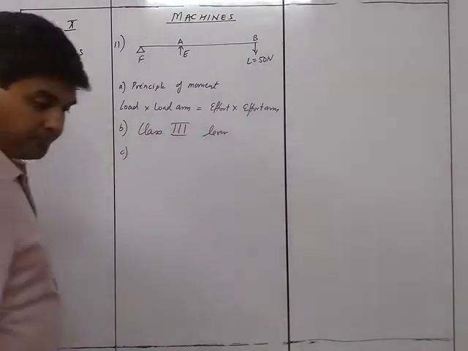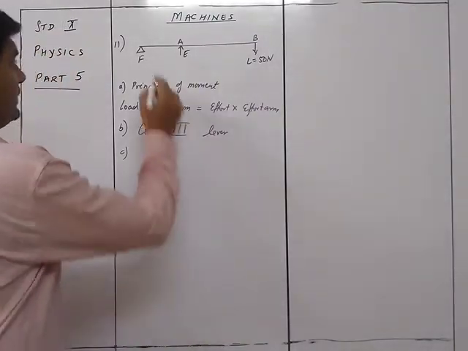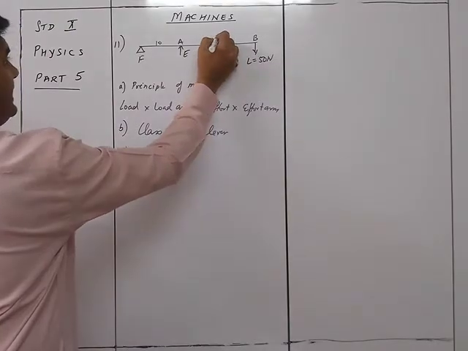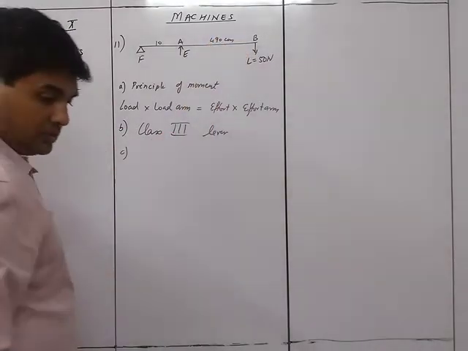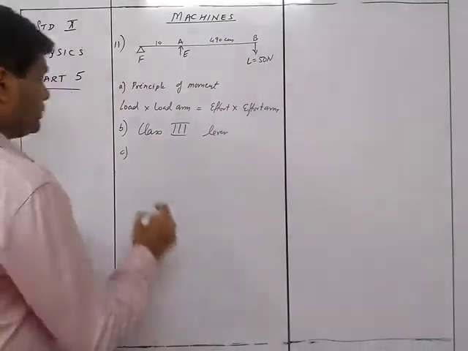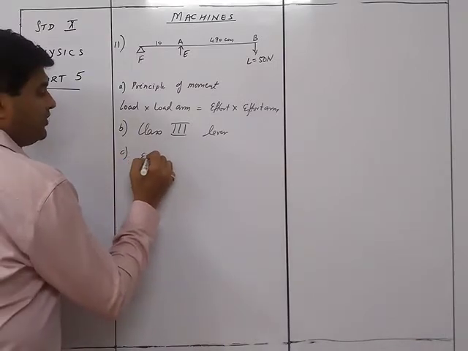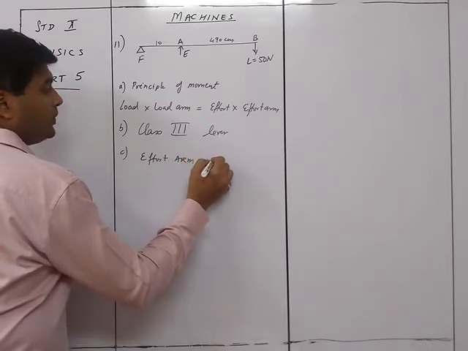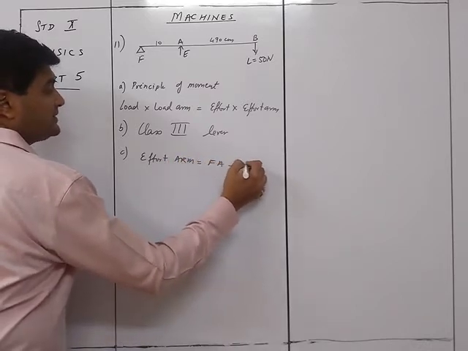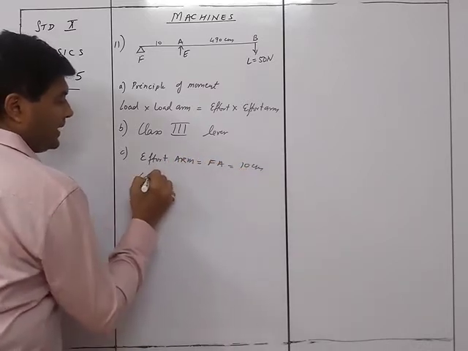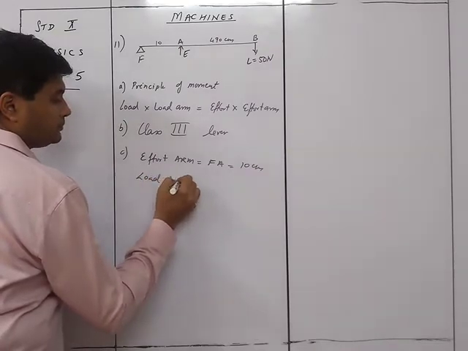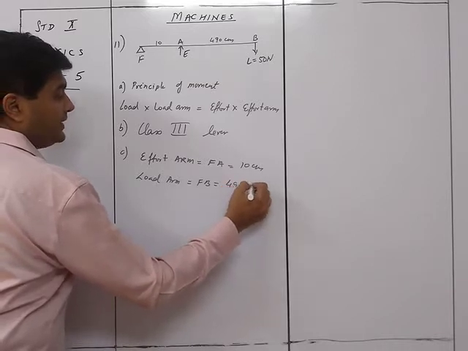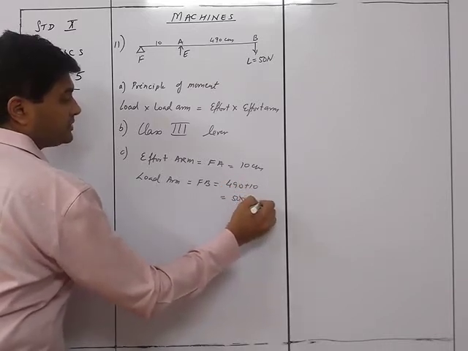C part. If FA is equal to 10 centimeters and AB is equal to 490 centimeters, calculate the mechanical advantage. So it is given that the effort arm FA is equal to 10 centimeters, and load arm FB is equal to 490 plus 10 is equal to 500 centimeters.